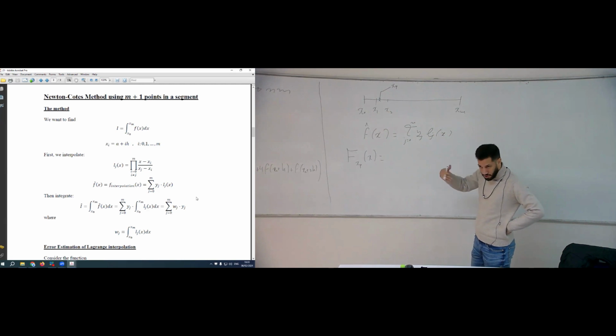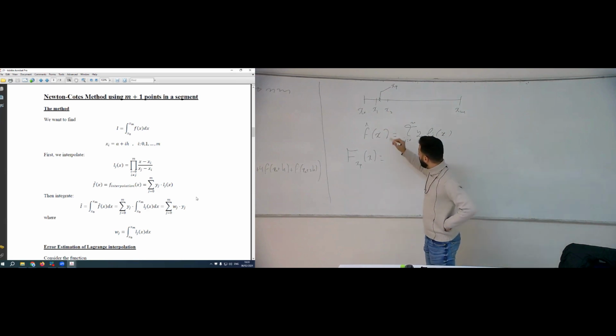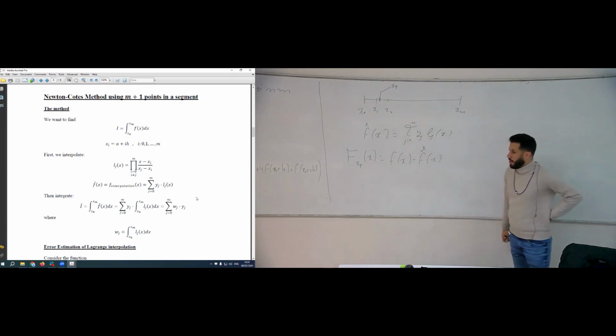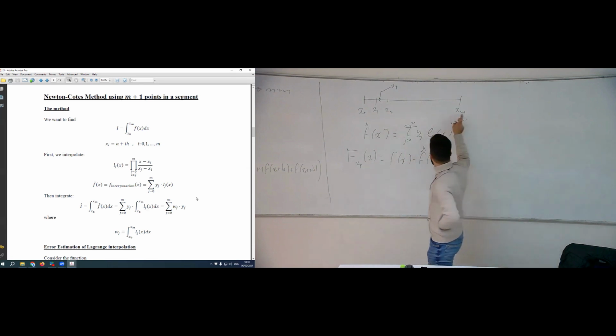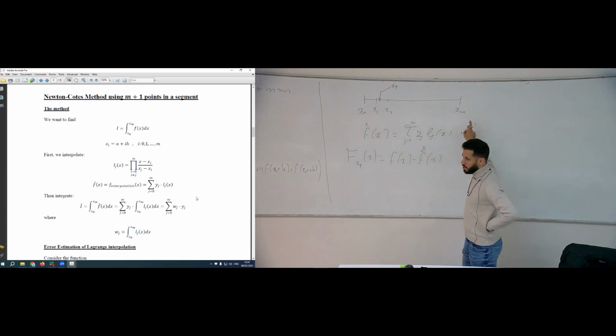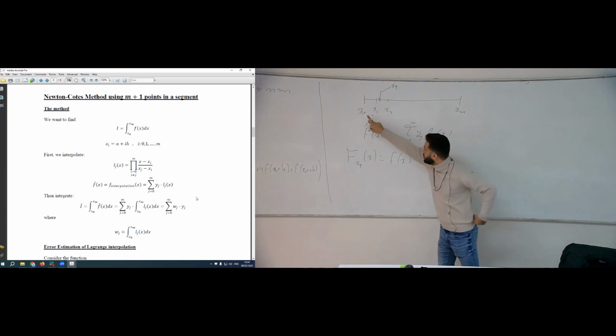Because I want to use Rolle's theorem many times. So let's do it. f of x minus f hat of x has m plus 1 zeros in this segment.